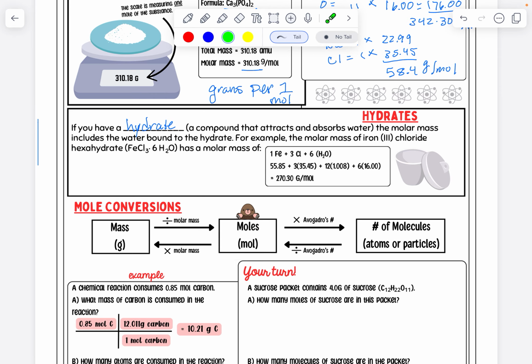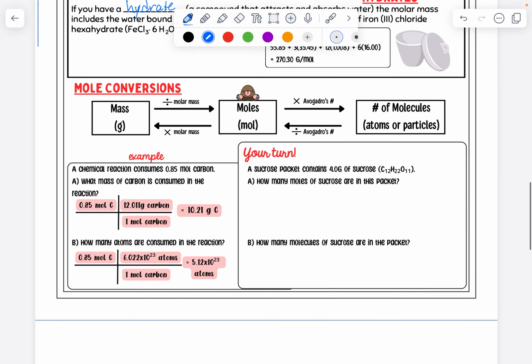And again, that's important because we use that as a conversion, that we know the mass of an item, okay? So we can use this number to do mole conversions. And once again, if you have had chemistry before, we call this dimensional analysis, you would have done this already.